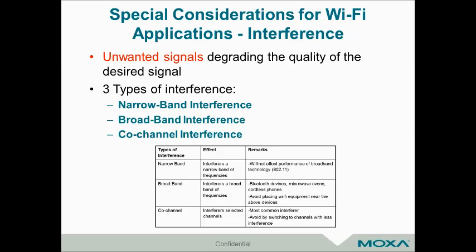A semi-directive antenna, and I apologize, that picture actually should be for a higher gain antenna, is one that's a little bit of a curved disc, so it tends to broadcast from 45 to 60 degrees. This is good when you have clusters of devices that are grouped together, but aren't necessarily all around the central AP.